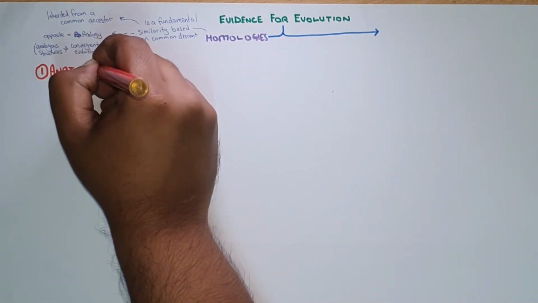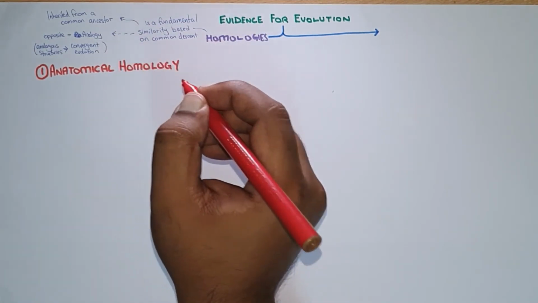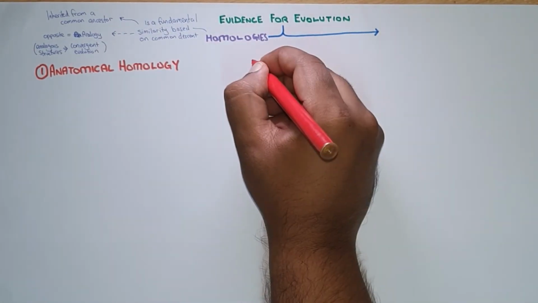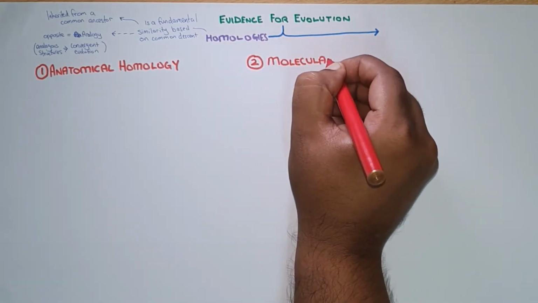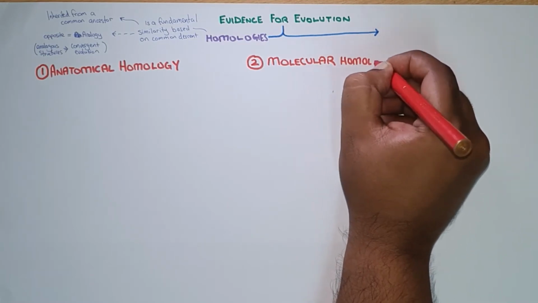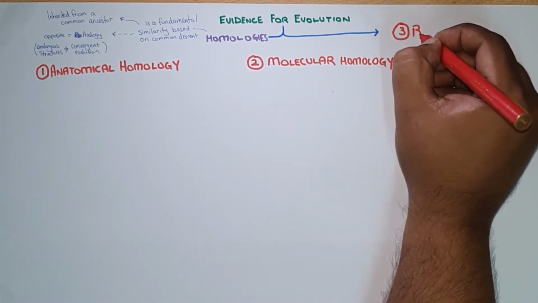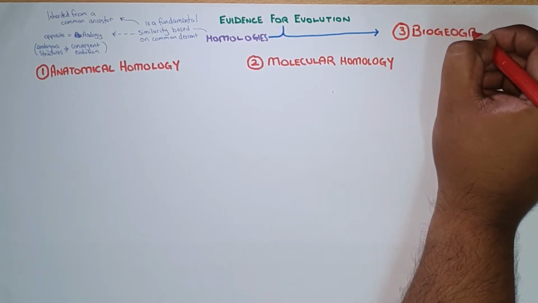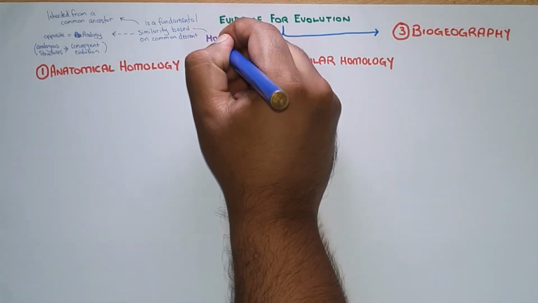The first is anatomical homologies, using anatomy, various body parts. On the other side, which we've talked about quite a bit in the other video, is molecular homology. The other idea that's not actually related to homologies is biogeography, and we'll talk about that towards the end of this video.